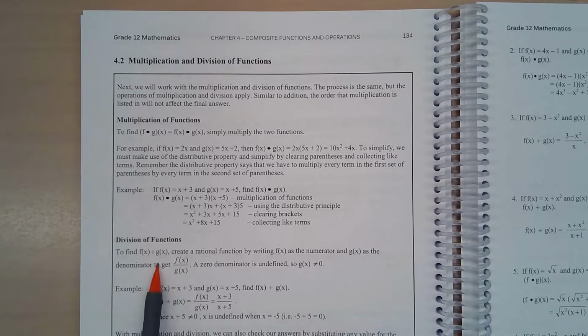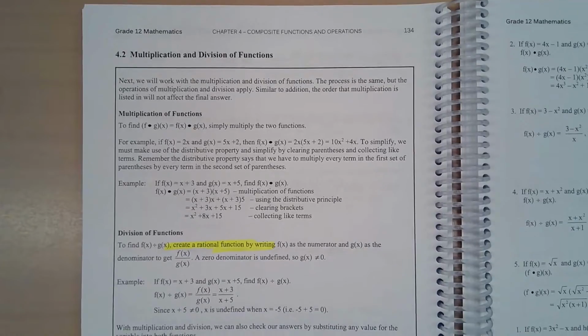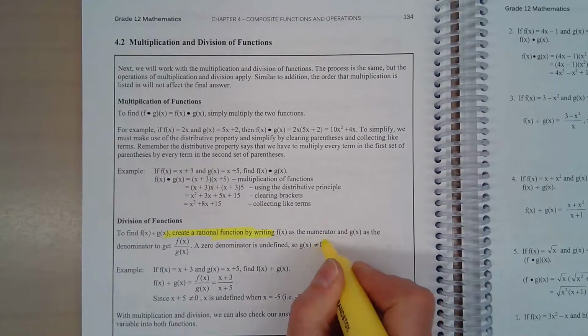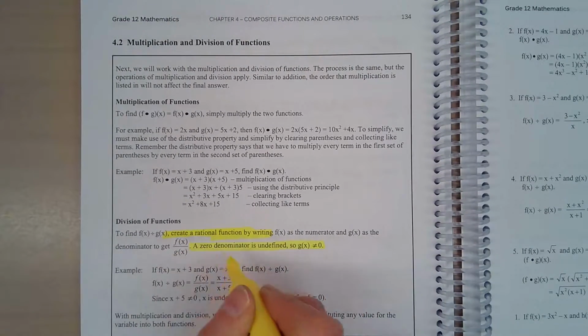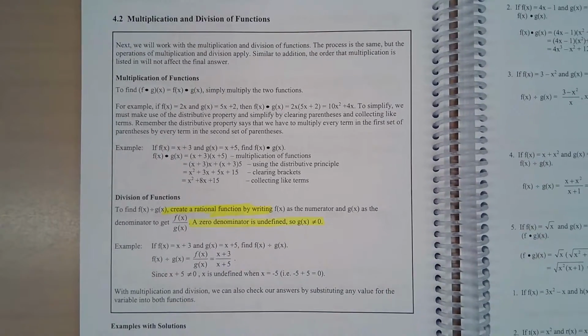Let's just look at the division though. It creates a rational function, which we've already talked about. Basically, when you're dividing two polynomials, you're going to create a rational function. A zero denominator is undefined, so we have to make sure we state our non-permissibles.